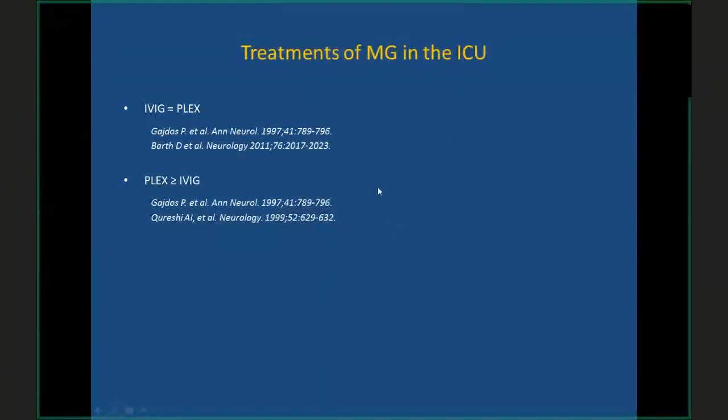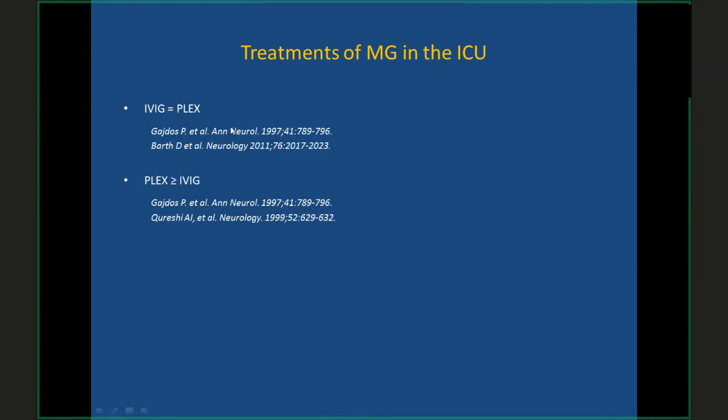Regarding treatment of myasthenic crisis, there are still two major treatments. One is IVIG, and the other is plasma exchange. The clinical trials show basically no difference between IVIG and plasma exchange.